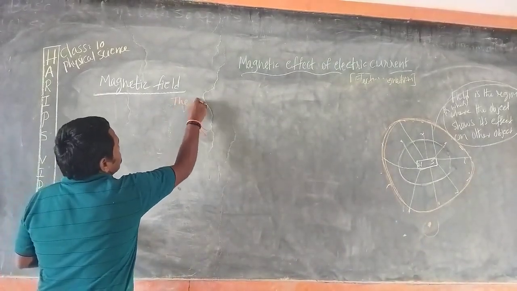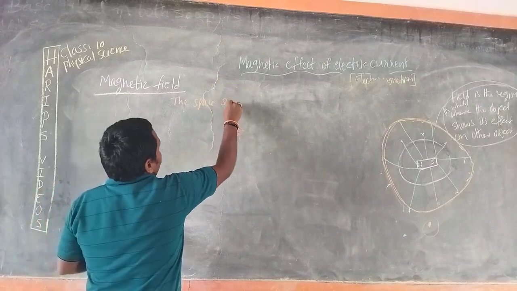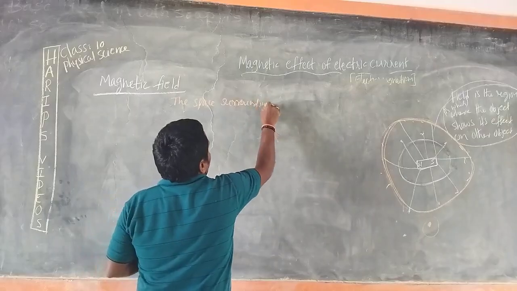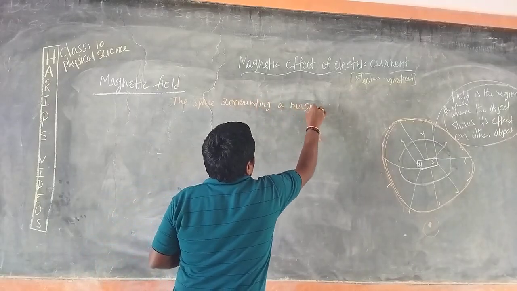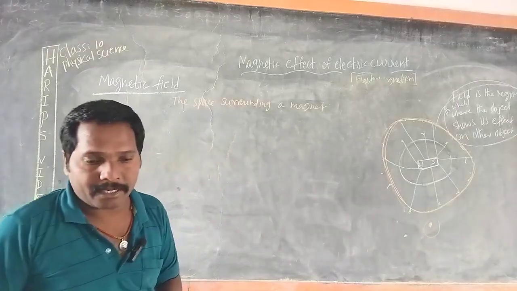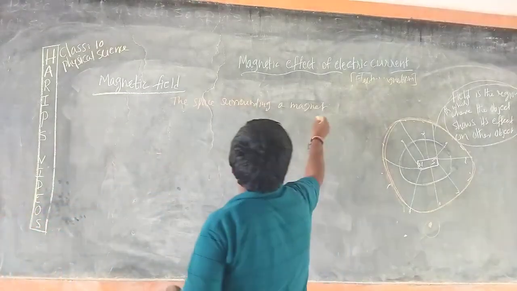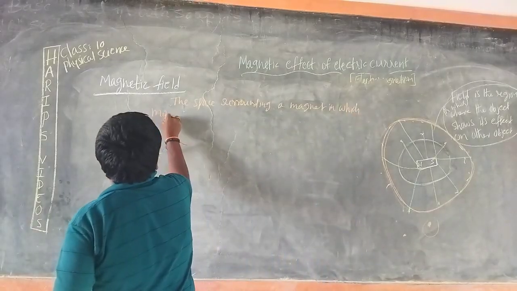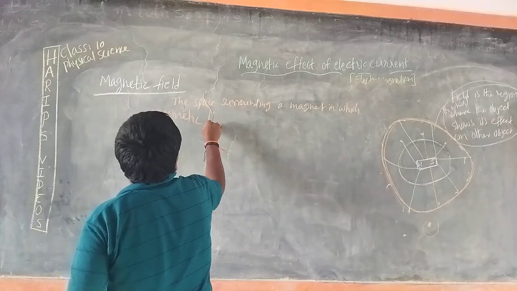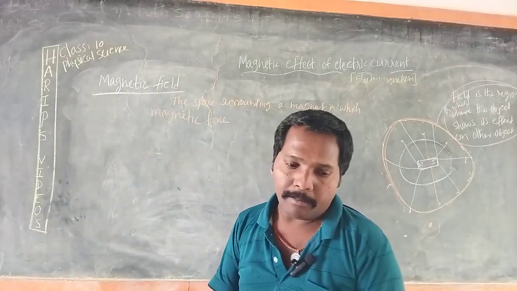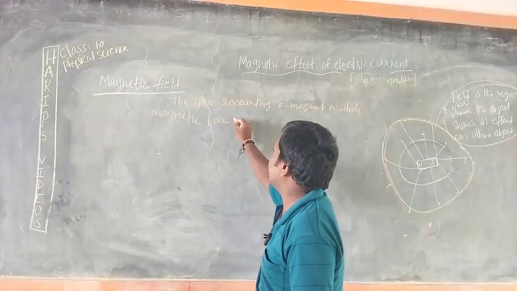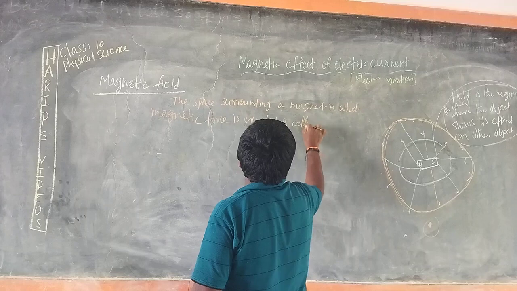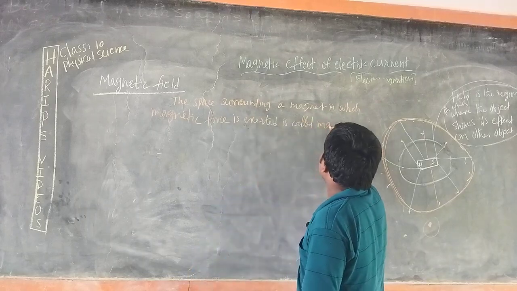So magnetic field: the space surrounding a magnet, the space surrounding a magnet in which magnetic force is exerted, is called magnetic field.